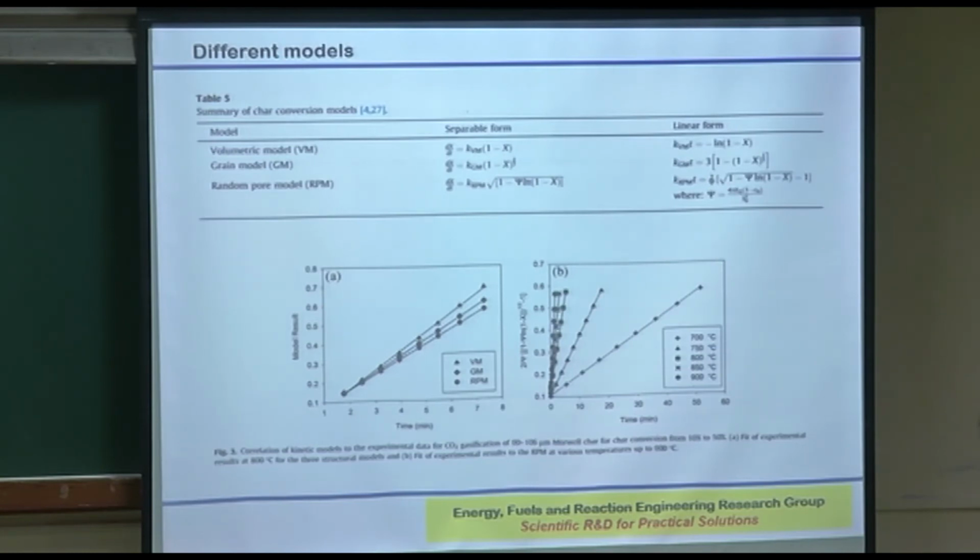So all these effects of the variation in the structure on the reactivity are more dominant in the low temperature zone. Nevertheless, it is important, because if you are doing the gasification in the low temperature zone, then your structural variations are going to affect it. Okay. So it's important.